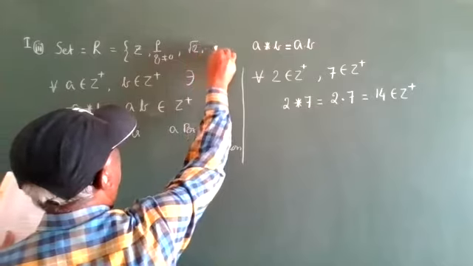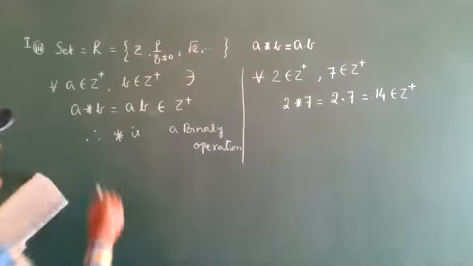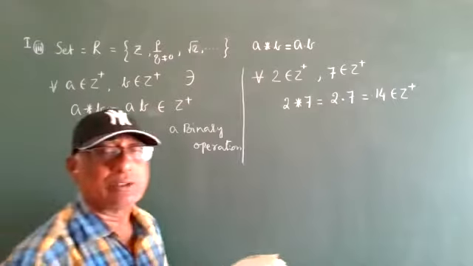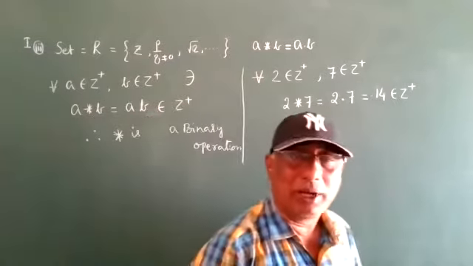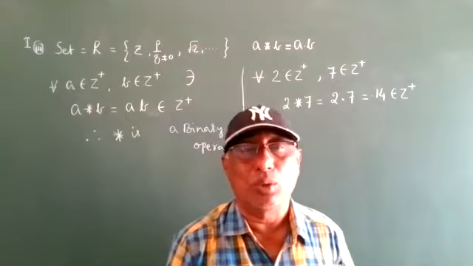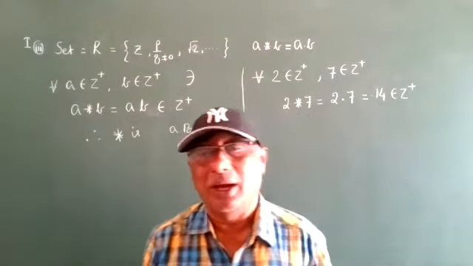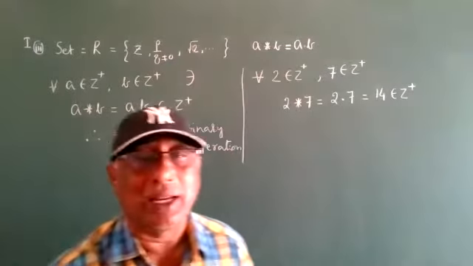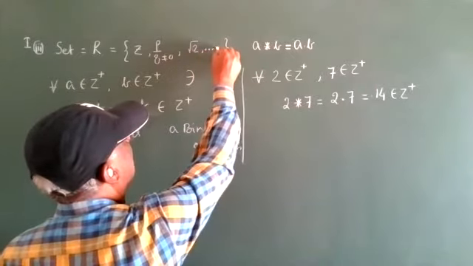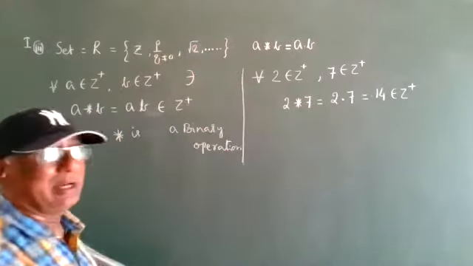Integers are also rational numbers. P by Q form is also a rational number. Irrational numbers, root 2, root 3, root 5, together with rational numbers, are called real numbers.